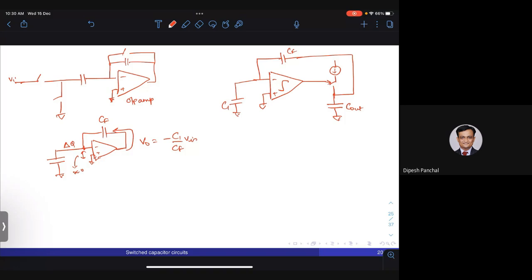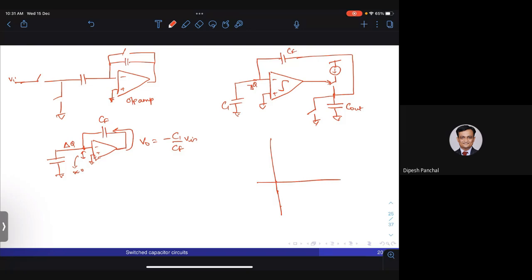So now what happens here? The moment you changed the configuration from sampling to integration, this would have gotten a charge of minus delta Q. I should specify that before every cycle, during the sampling phase, the output is also discharged to ground. That forces the output always to start from 0.